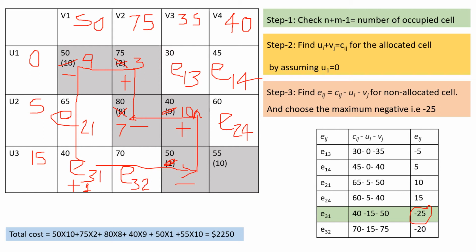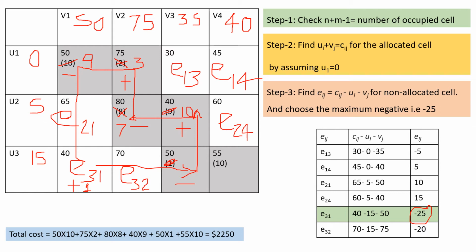So we have now finished the first iteration, and the next iteration is to repeat this step, starting from step 1 to 3. What we have changed is that this cell is no longer an allocated cell, and this cell becomes allocated.